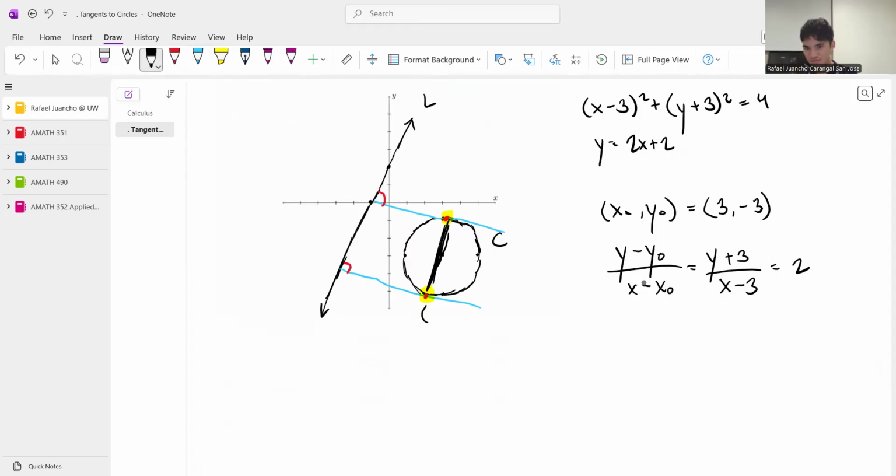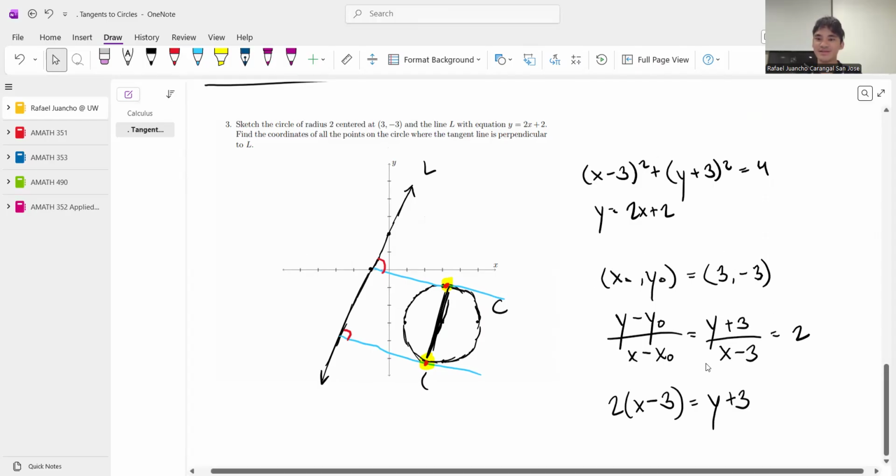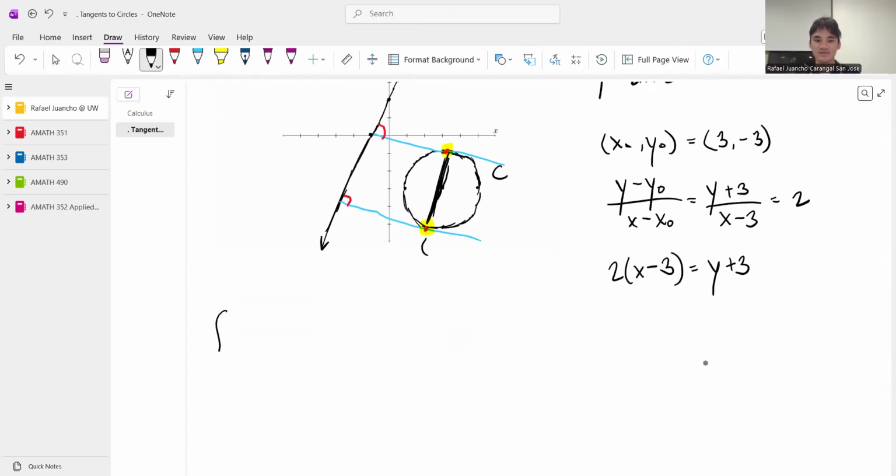Based off of this, we can actually simplify it. We're going to get something like this. But now the point is we can actually find the coordinates. We just need these two things. The circle equation.